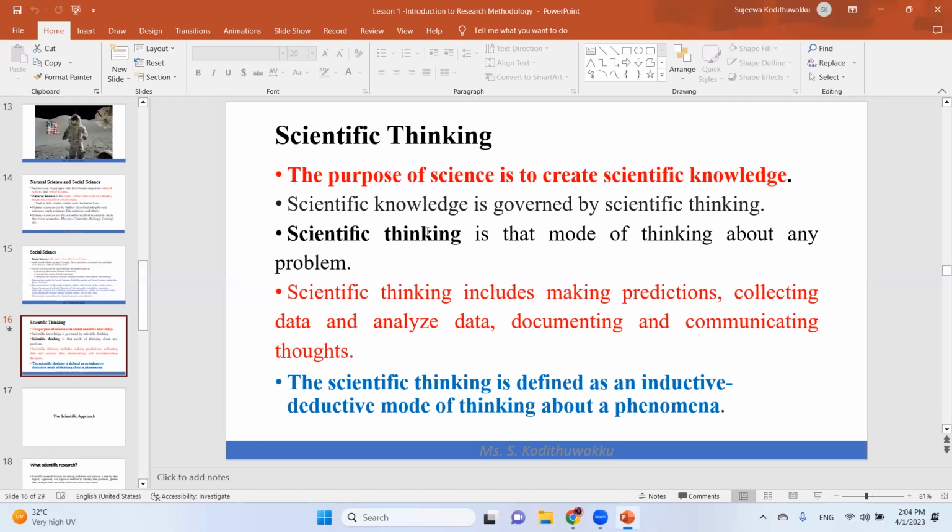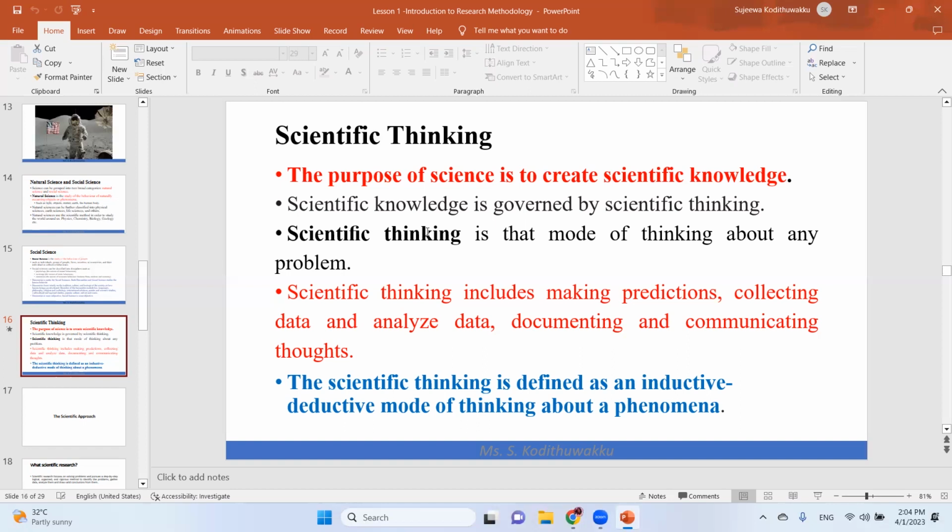Now, let's say in a court, if there's a murder case, then judges need to analyze available evidence scientifically. They have to analyze them scientifically. That is actually scientific thinking, the way they think or the way they analyze existing evidence to overcome the problem.